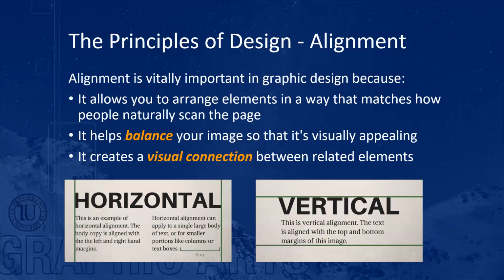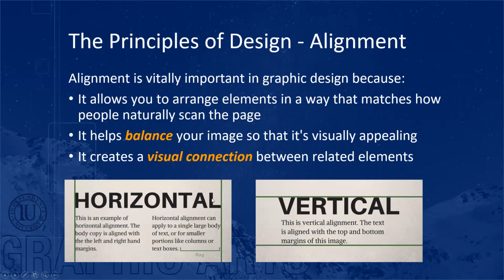It can be very difficult to read. It can be very difficult to even look at. So alignment is especially important to create balance, to create order, to allow your eye to settle in on a particular area. We have a couple different examples right here.